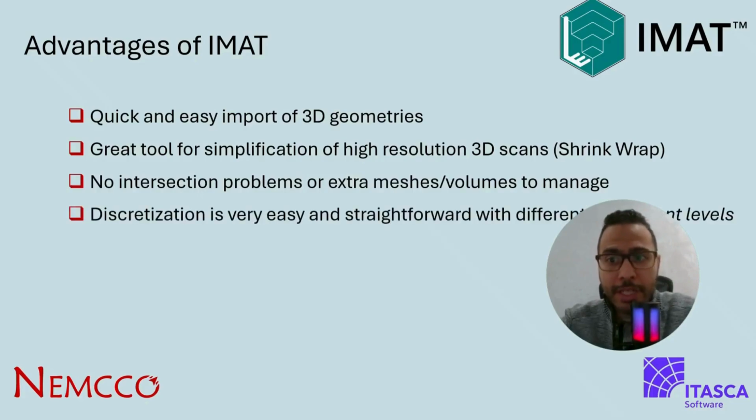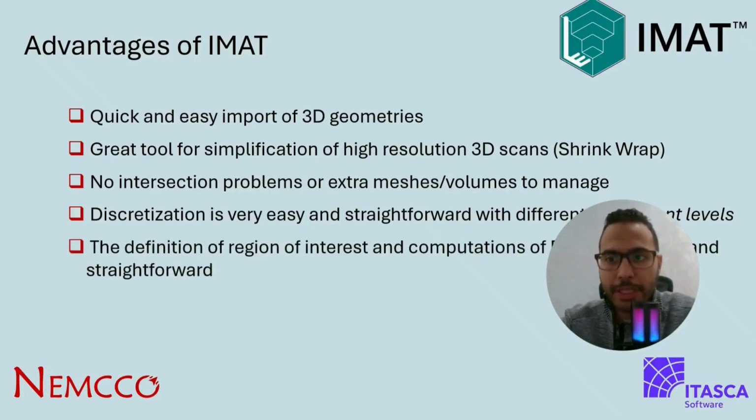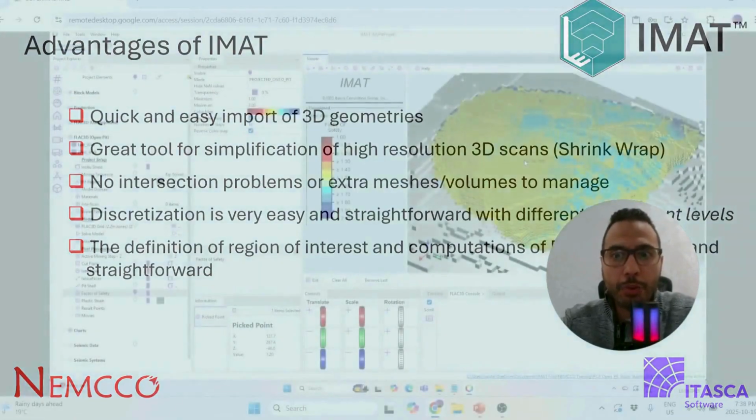Discretization is very easy and straightforward with the different refinement levels. Very easy, very intuitive. And same thing for definition of region of interest. You don't have to compute factor of safety everywhere because factor of safety is computationally intensive. We can really just define a small region to perform our calculations, and we can have multiple FLAC 3D projects on multiple walls. So that's how you should do it.